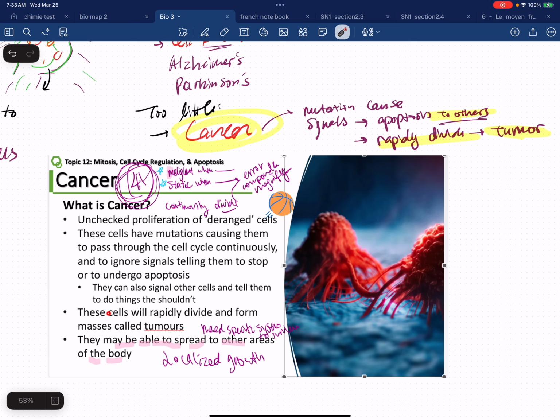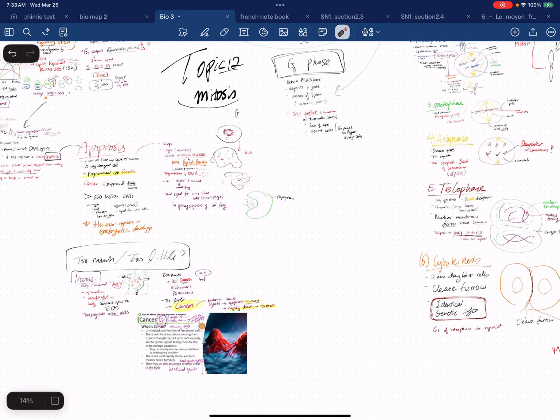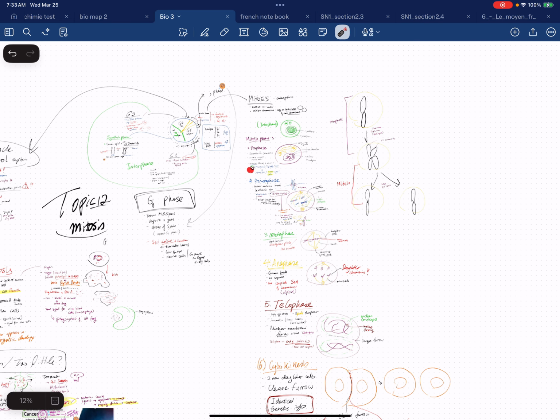These are the cancer cells, and they will rapidly divide, cause tumors, and spread all around the body, and that's why cancer could be deadly and very, very scary. And these days, cancers are prevalent, so there are a lot of techniques, science and technology to prevent cancers, and they are still more common in older people to this day.